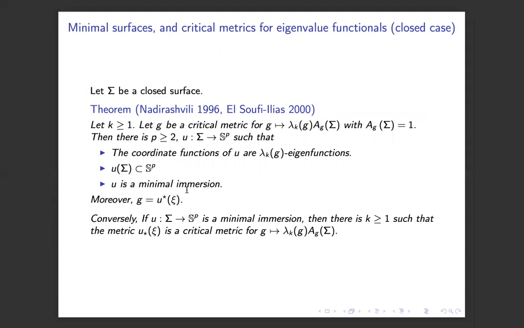So I will give more details in the next sections about this subject, but you can focus on this idea. In order to build minimal surfaces, you can work on optimization of eigenvalues. And for instance, if you maximize this functional, then you have a maximal metric and you get minimal immersion into subspheres.